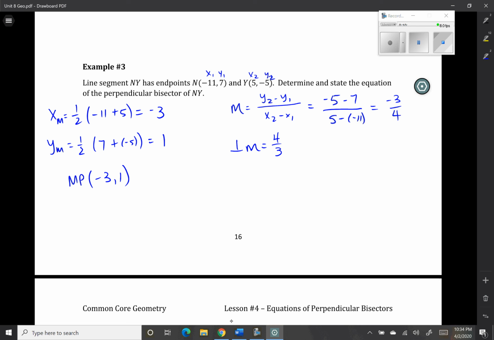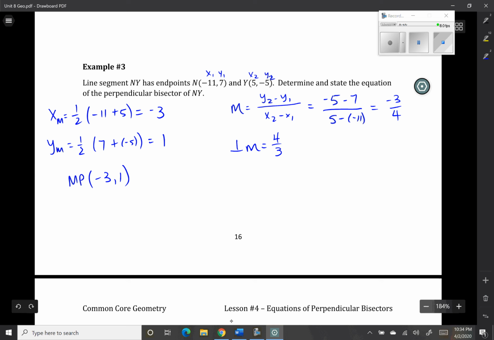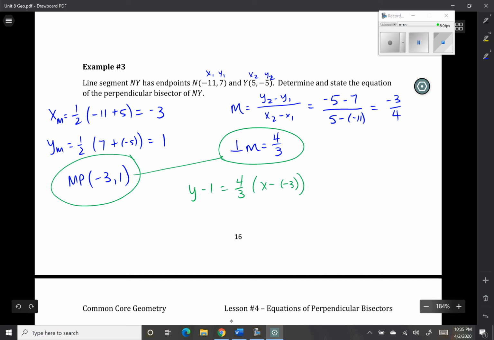So now here's my job. I need to create an equation of a line that passes through this point and has this slope. So I'm going to say y minus 1 equals 4/3 times x minus negative 3. Just plugging into this new equation. So I could say y minus 1 equals 4/3 of x plus 3.